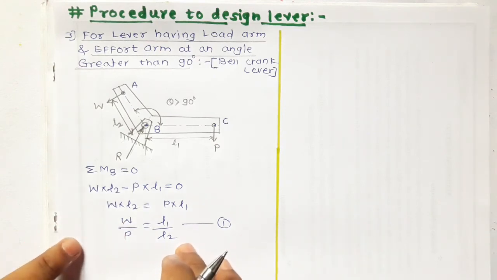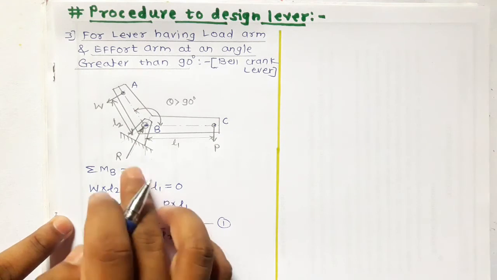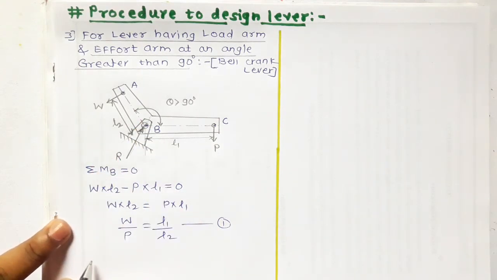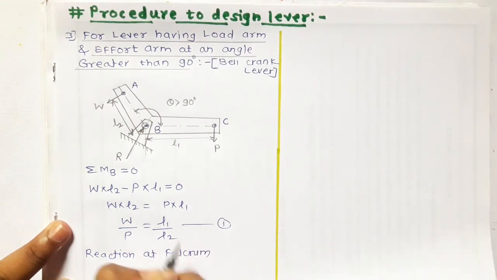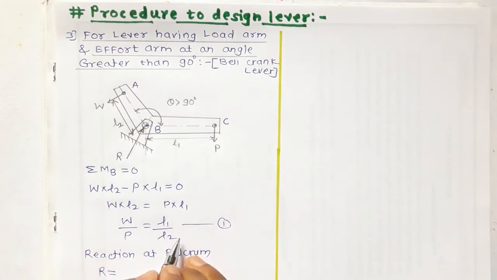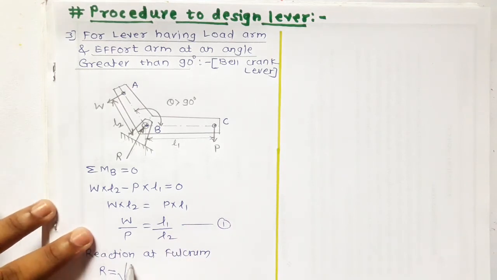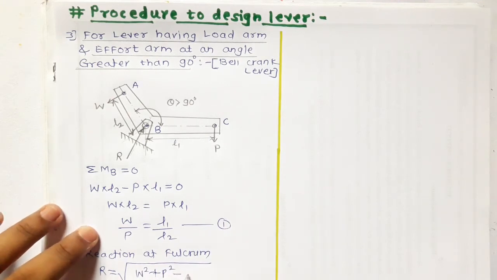Now let us consider the second equation to find out the reaction at fulcrum. To find out this reaction at the fulcrum, that is at point B, we have a direct equation given by R is equal to under root W square plus P square minus twice WP cos theta.